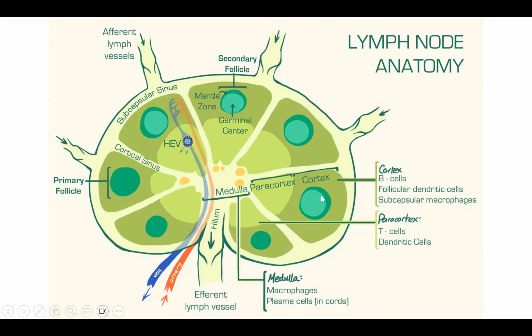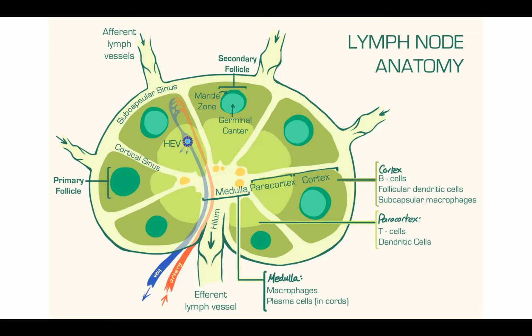Now, the secondary follicle will have a mantle zone, which is the outer shell of the secondary follicle, and a germinal center. And in the cortex, you're going to have B cells. In the paracortex, you're going to have T cells and dendritic cells, right? But also in the cortex, you'll have follicular dendritic cells.